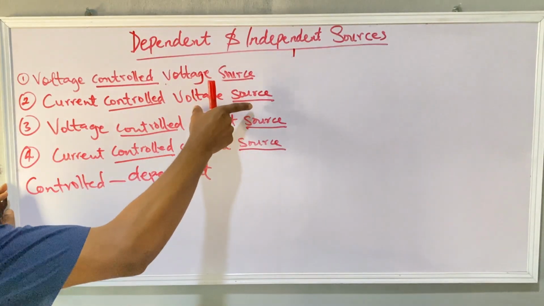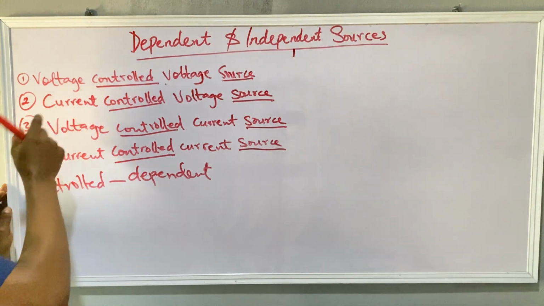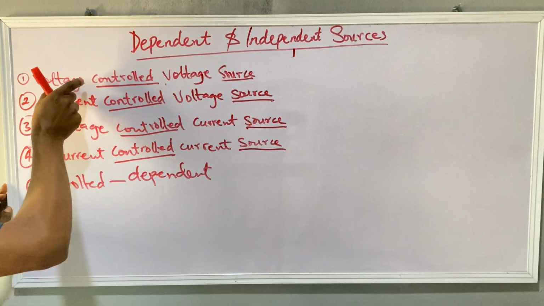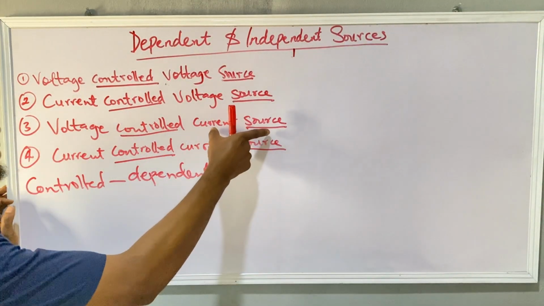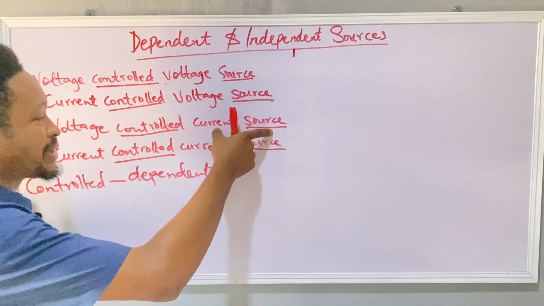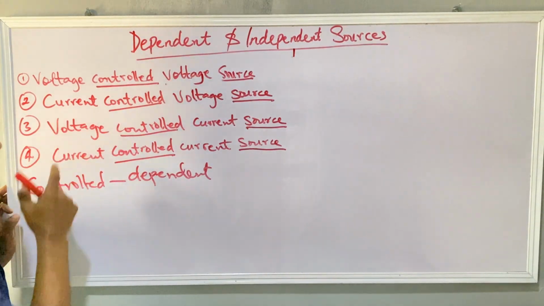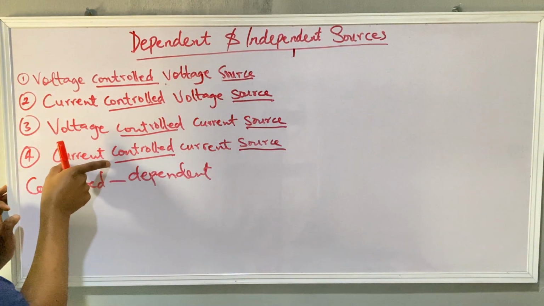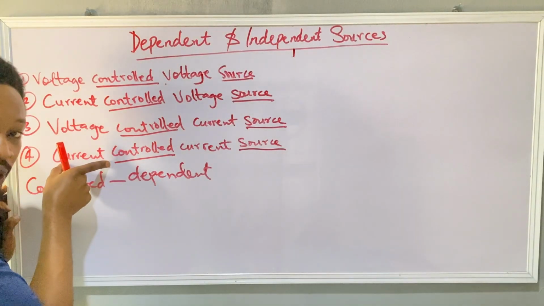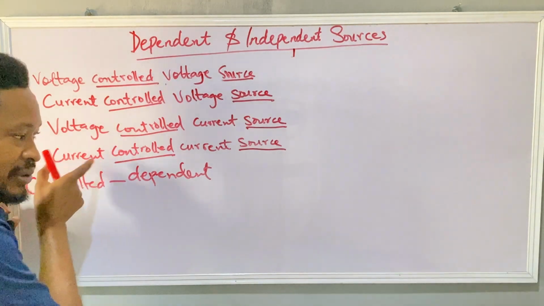It means this voltage source is depending on another current here. The third one, the current is the source, but it is controlled by an external voltage, or it is depending on another voltage. The last one, current is the source, but it is depending on another current somewhere, or it is being controlled by another current.